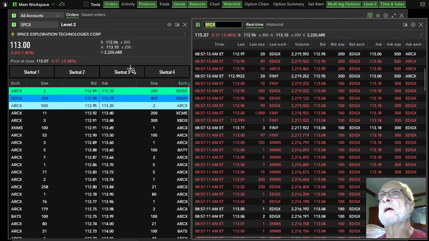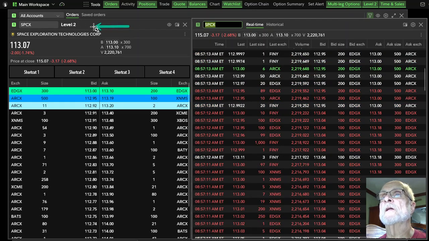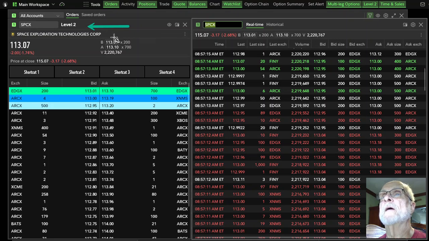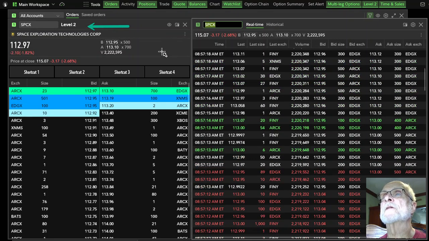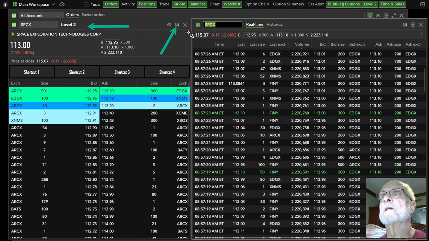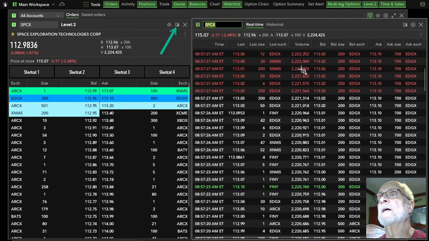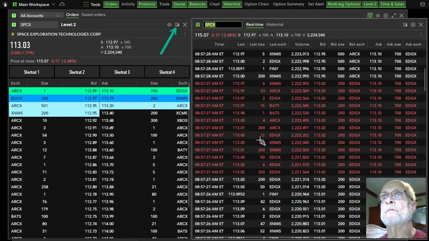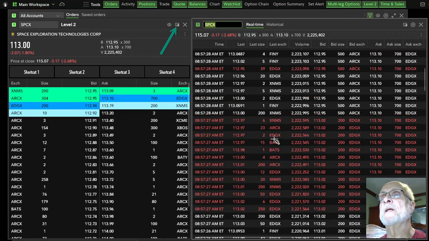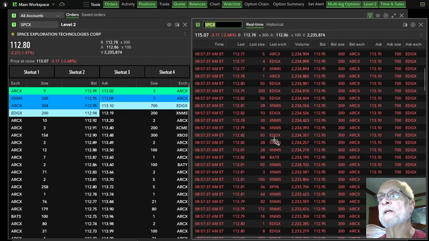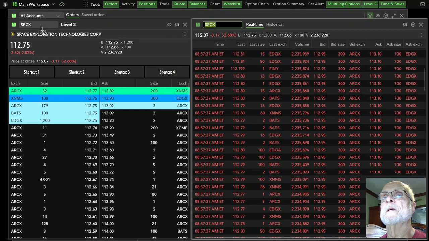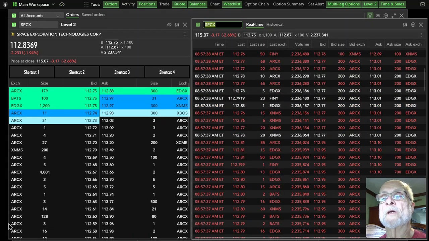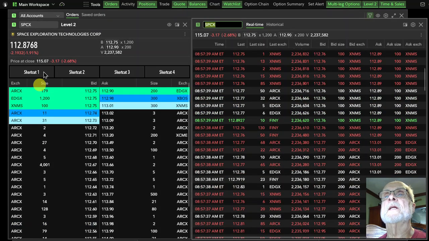So the combination of these two screens, the level 2 and accessing the real time by clicking on this indicator here, is a helpful way to monitor and watch what's happening real time with an investment that you're interested in. This would also work with something like an ETF.